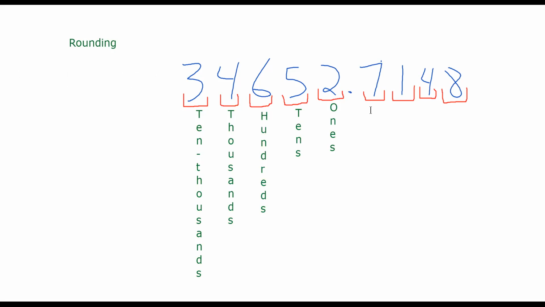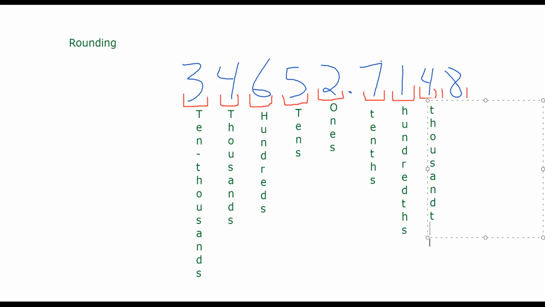Now, numbers after the decimal place always end in TH, like T.H. White, the author of The Once and Future King. So this is the tenths. I'm even going to use a lowercase. Tenths. This is hundredths, a nice TH at the end. This is the thousandths place.